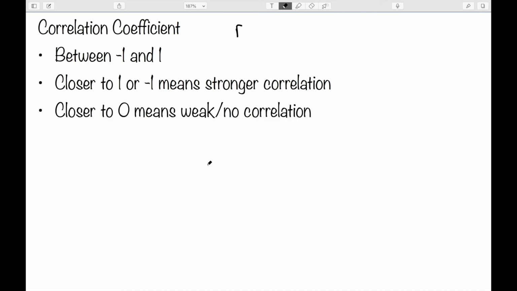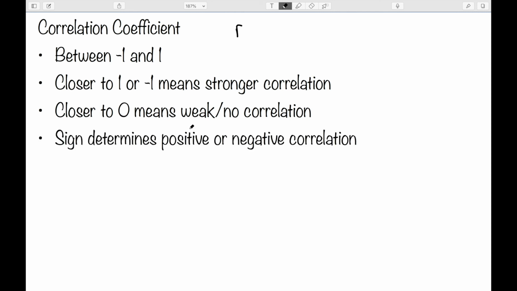And the closer it is to 0 means weaker or no correlation. And the sign of the correlation coefficient determines whether it is a positive or negative correlation. And this can be a really hard thing to calculate, so let's look at how to find this in RStudio.